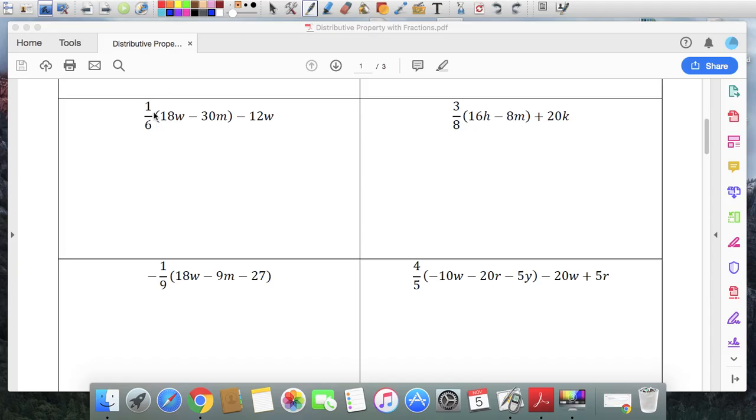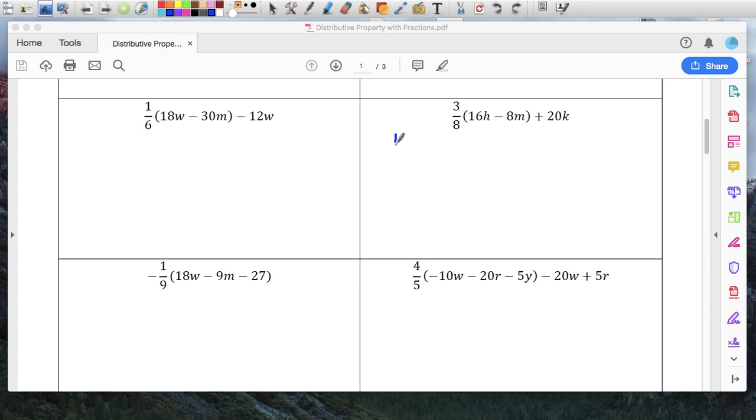This one is easy, right? It's 1/6 times 18, or just 18 divided by 6, is going to give us 3w. Positive times a positive gives us a positive. Positive times a negative is going to give us a negative, and it's going to be 1/6 times 30, or 30 divided by 6, which gives us 5m minus 12w.